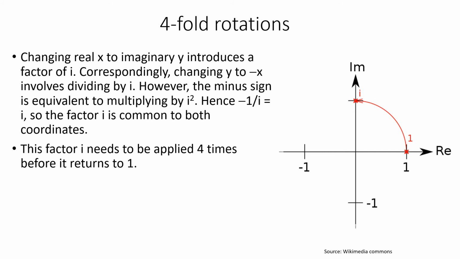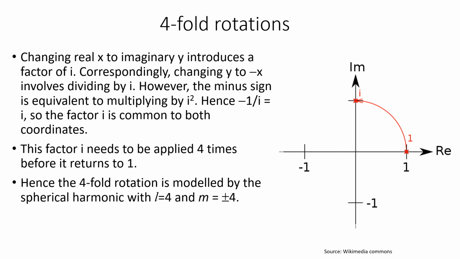And actually this is relevant because that factor i, if you apply it 4 times, does return 1. Because i squared is minus 1, so i squared squared, i to the 4, is plus 1. So by applying this factor i 4 times, that is to say applying the e to the i phi 4 times, and of course this is what we do when m equals 4.